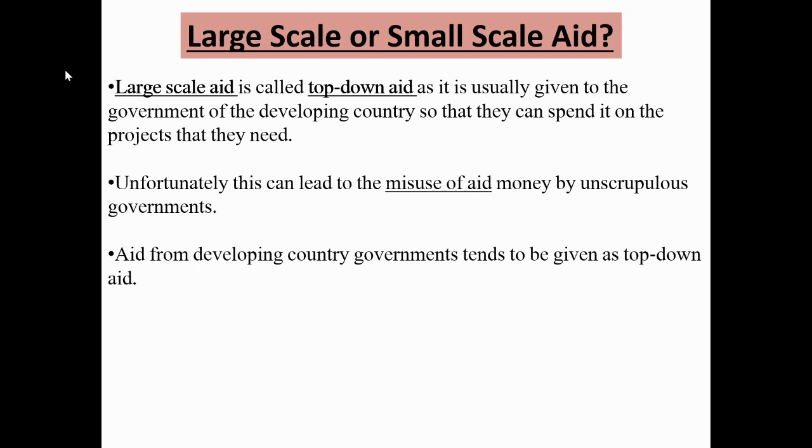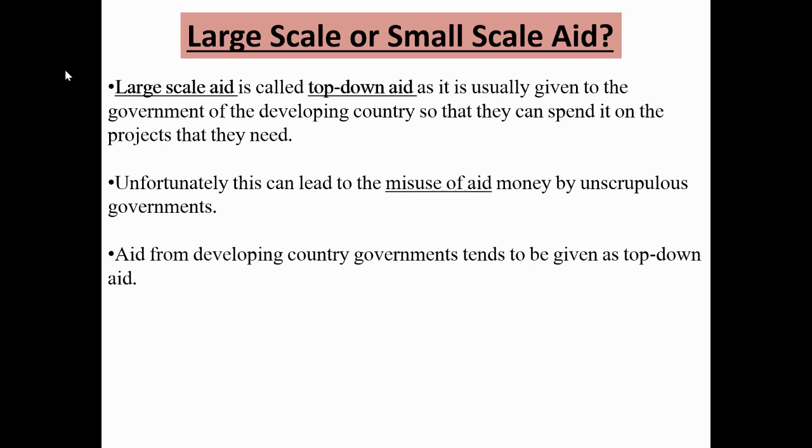It means that ordinary people might benefit eventually, but that decision is in the hands of the government as to what people are going to benefit from that money. The problem with this is it can often be misused by unscrupulous governments. That means governments that aren't thinking about the welfare of their people. So it might be spent on, for example, the presidential palace instead of being spent on healthcare.